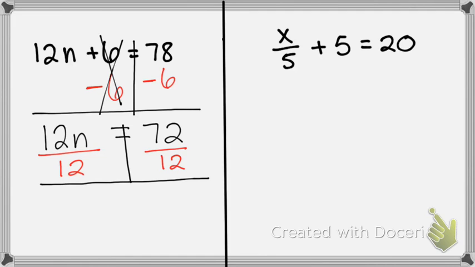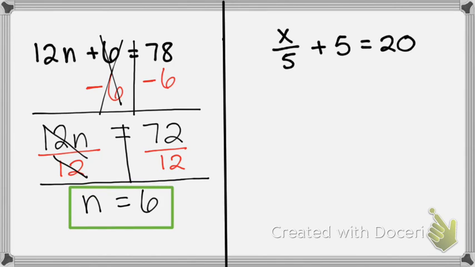The 12s cancel out, so I just have n equals. Then 72 divided by 12 is going to give us a 6. If we want to check our answer in the calculator, we can do 12 times 6, which was our answer, plus 6, and it should equal 78. And it does.